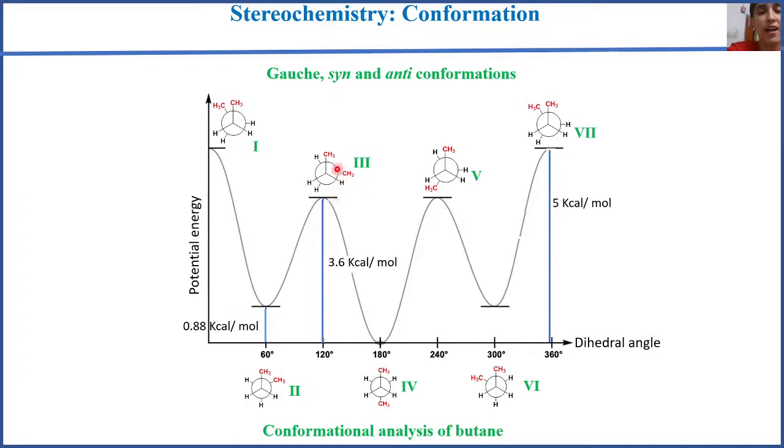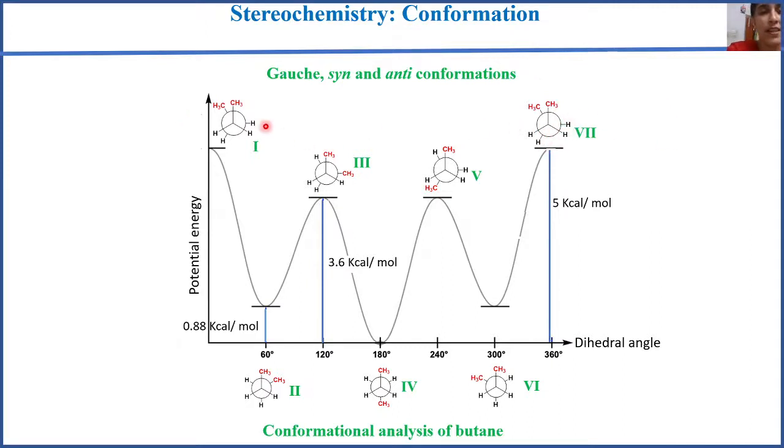Number 3 is a partially eclipsed conformation, and structure 4 is the anti conformation, since both CH3 groups are in a 180 degree dihedral angle relationship. Number 5 is again partially eclipsed, number 6 is a gauche conformer, and number 7 is identical with 1, which is fully eclipsed.